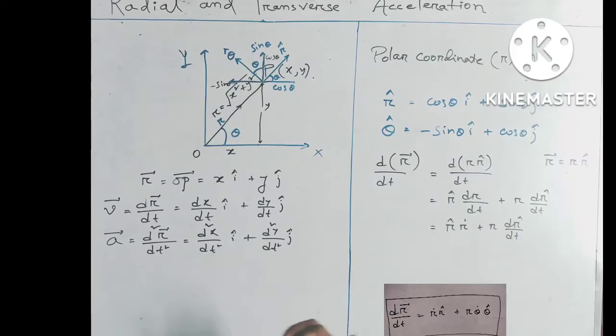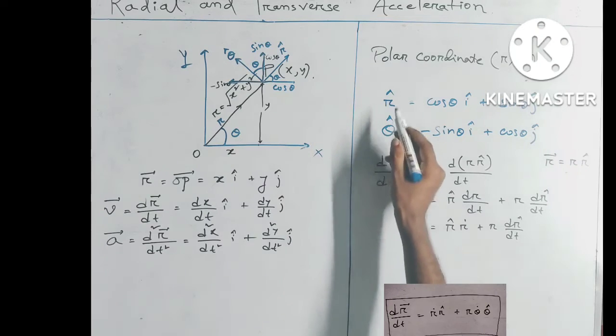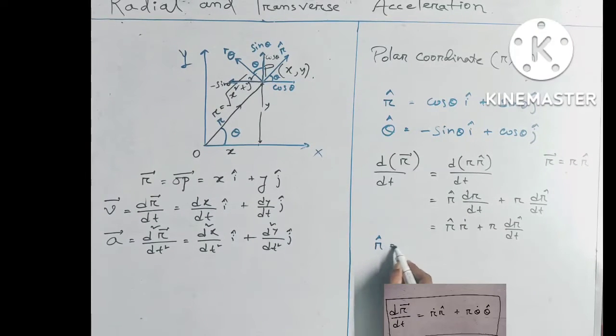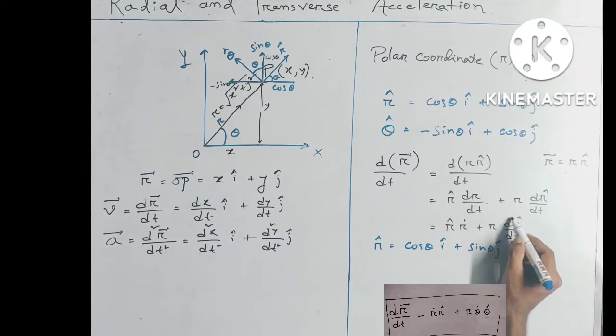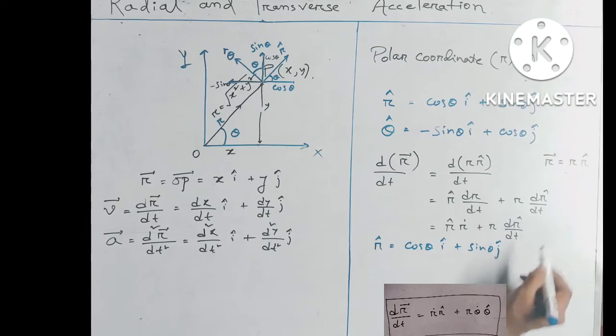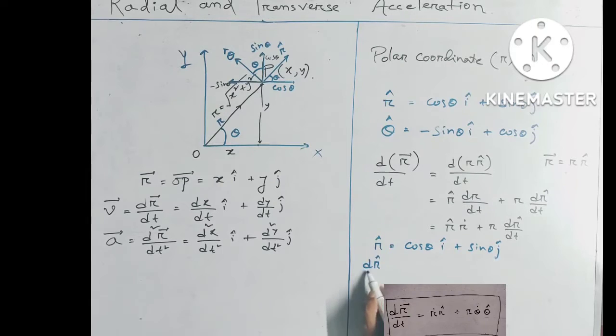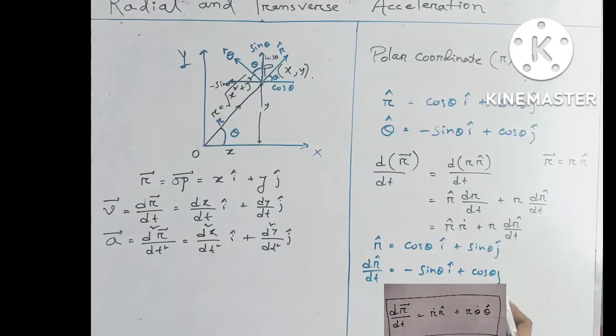So let's do this. Let's see, r cap equal to what? cos theta i cap plus sin theta j cap. So we need dr cap/dt. It is minus sin theta i cap plus cos theta j cap, thereafter d theta/dt.